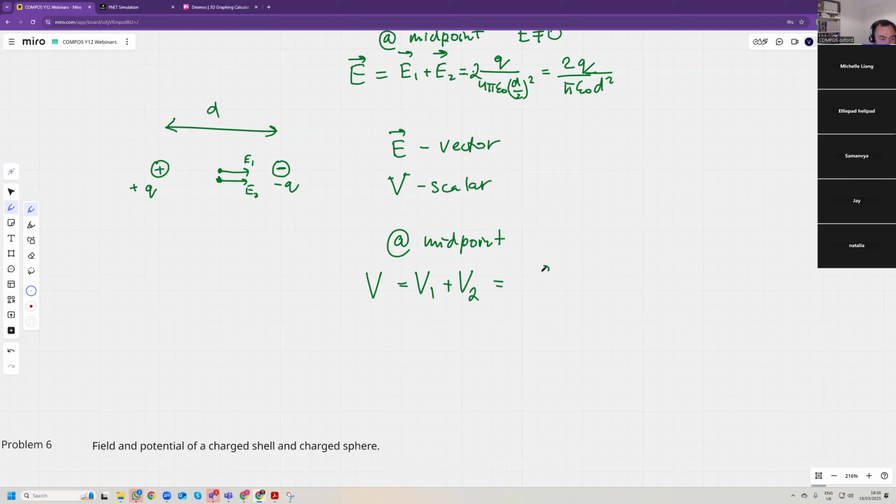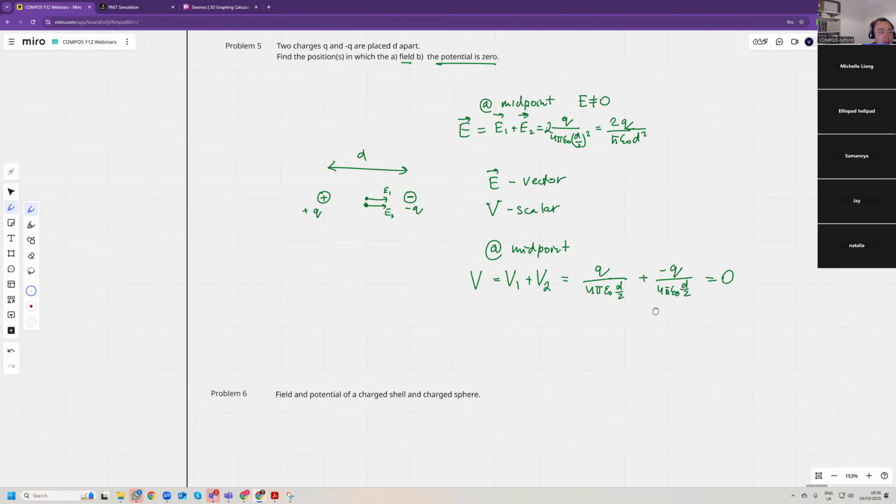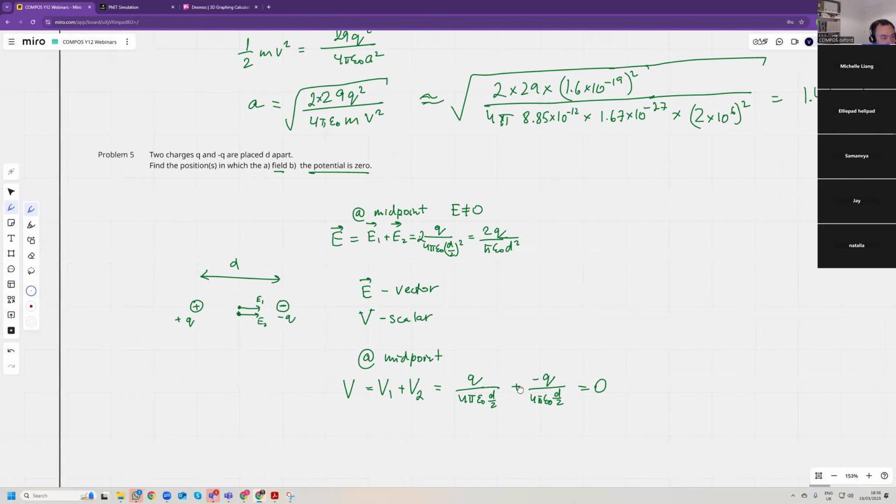So that's going to be q divided by 4 pi epsilon naught d over 2 plus minus q over 4 pi epsilon naught d over 2, which is 0. So the potential at the midpoint between two charges is 0.